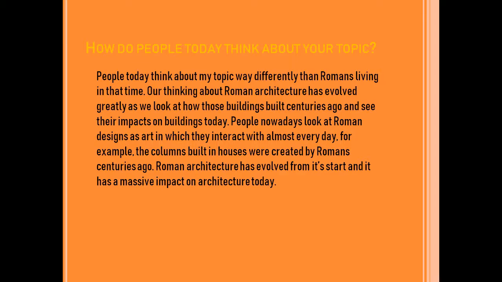As I said before, you can definitely tell which buildings were Roman and which are not. People nowadays look at Roman designs as art, which they interact with almost every day. For example, the columns built in houses were created by Romans centuries ago, and Roman architecture has definitely evolved from the start and impacts today's architecture greatly.